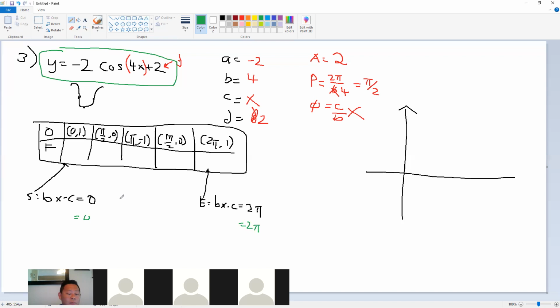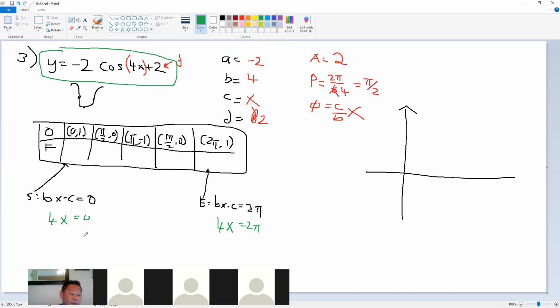It is 4x, because that's inside your parentheses. The 2 is your d, so it's not a part of your bx minus c.